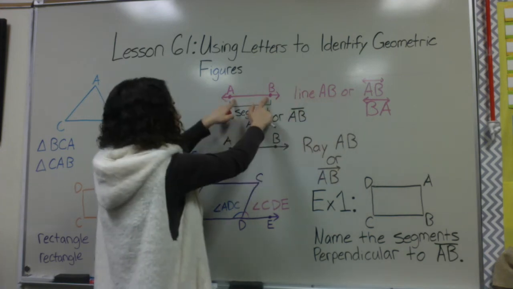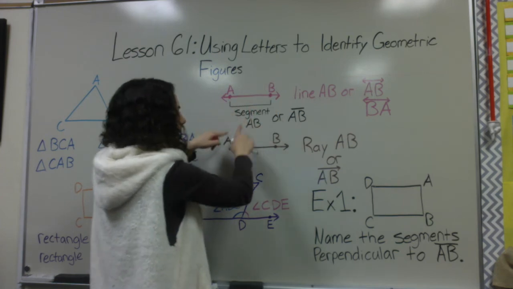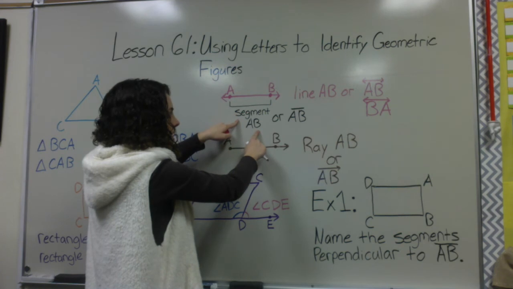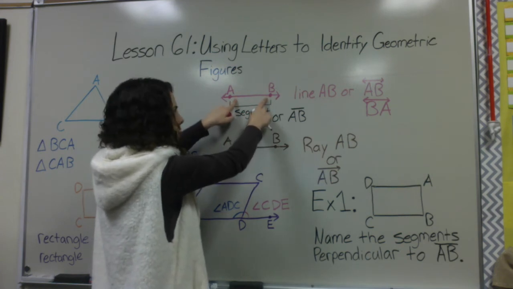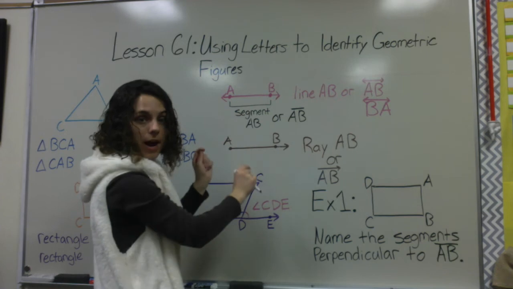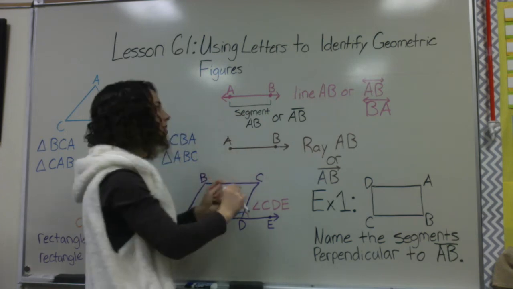But if I want to look at just the segment in between, just this distance, I could name it segment AB or segment BA. Starting point and ending point does not matter with lines and segments.